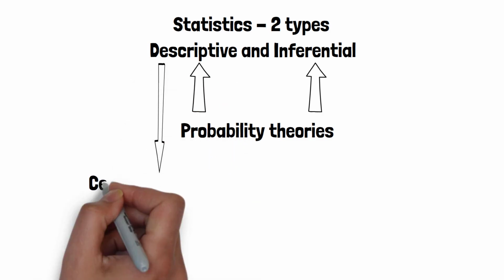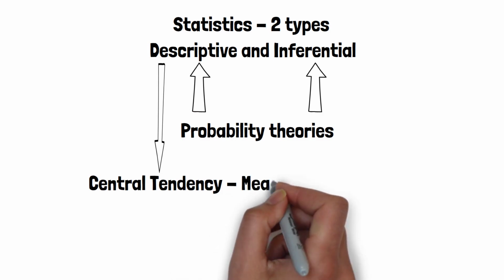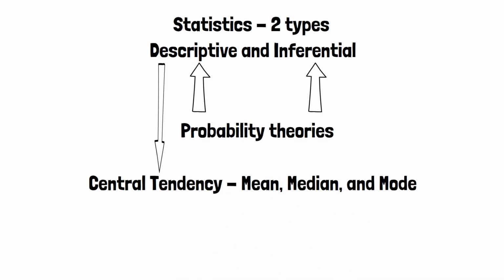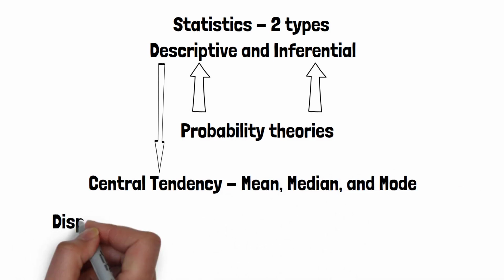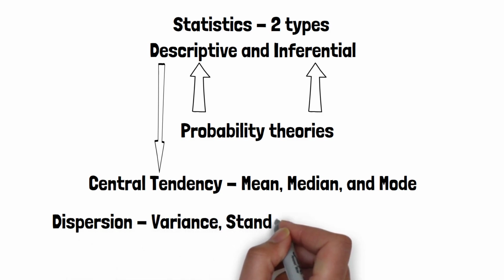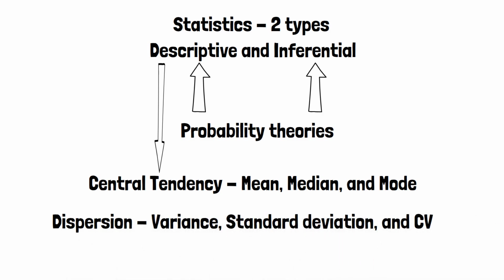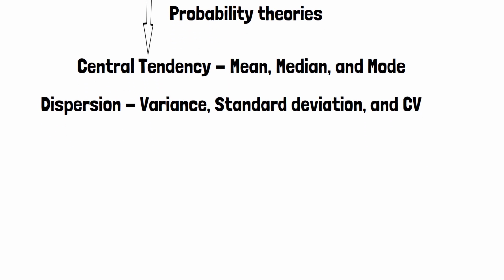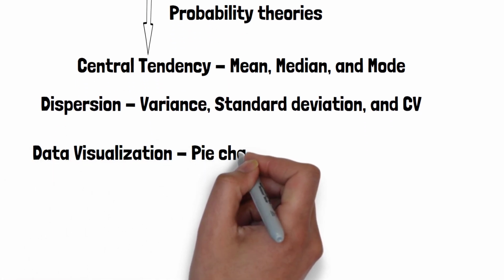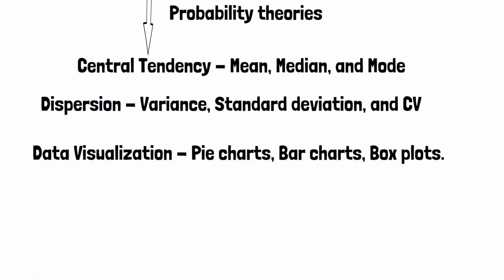Okay, descriptive statistics include the measure of central tendency, which are the mean, median, and mode. Dispersion, which include variance, standard deviation, coefficient of variation, etc. Visual representation, including pie charts, bar charts, box plots, etc.